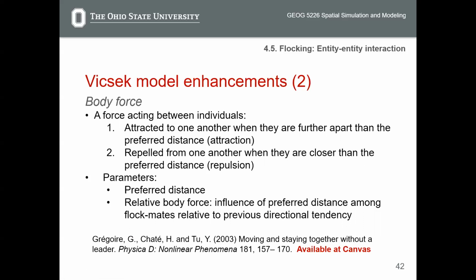And flocking itself is always a dynamic process. There is always adjustment of directions and speed. Of course you have to set a preferred distance and the relative body force, the influence of preferred distance among flock mates relative to previous directional tendency. So which means that this body force can be very strong, can be relatively weak.